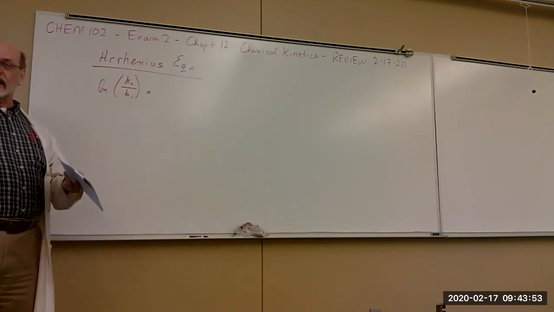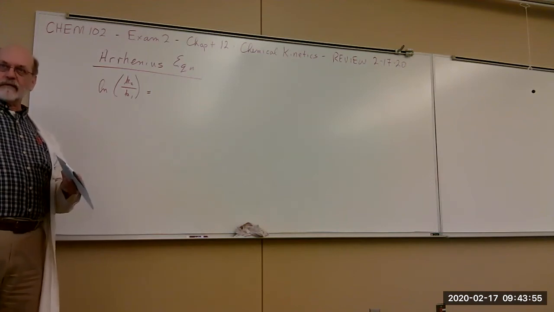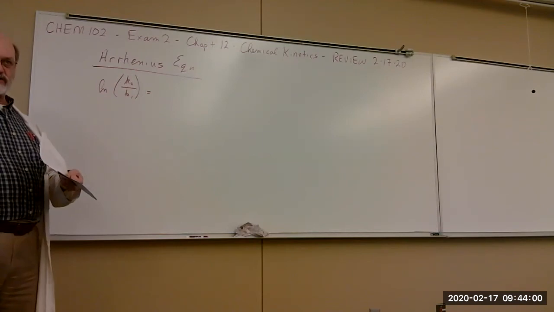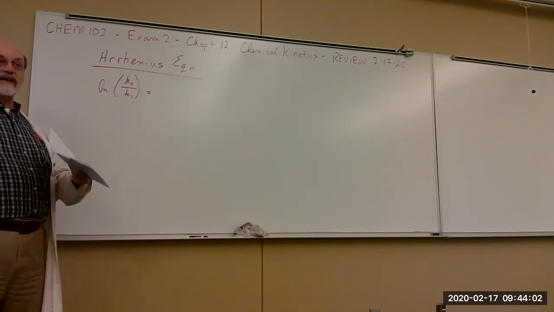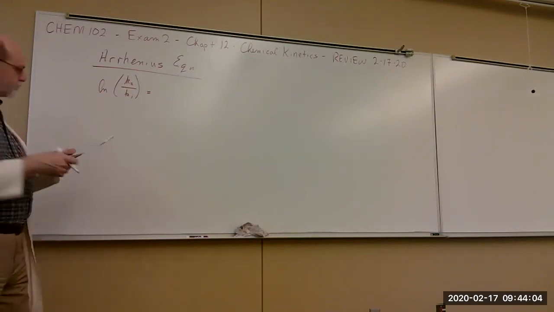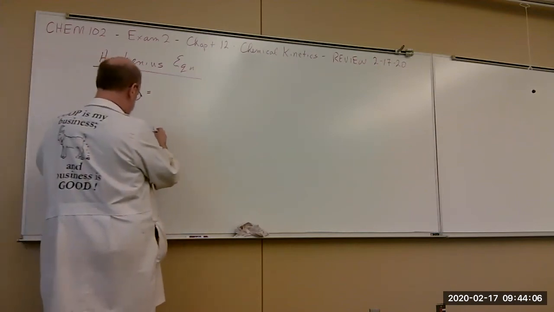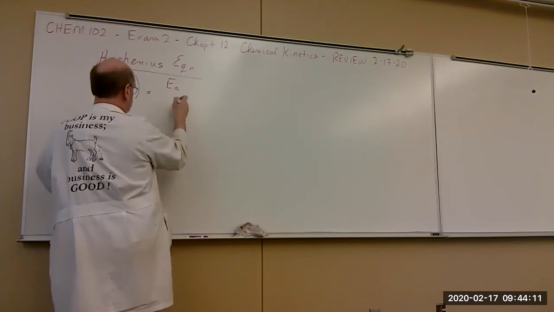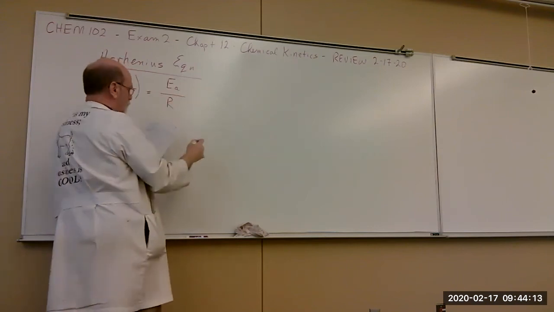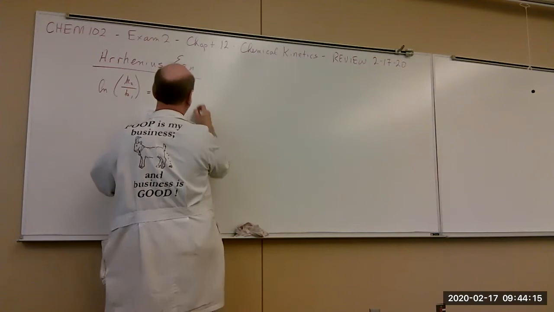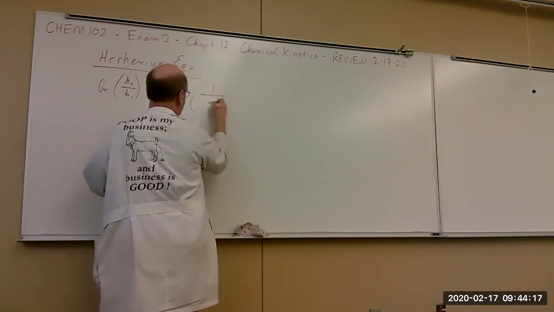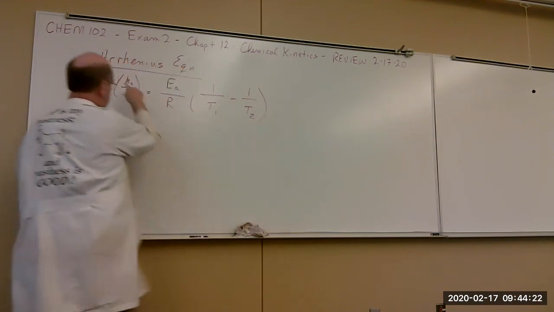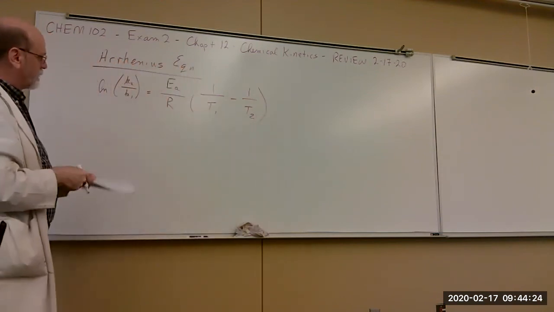If you increase the temperature, you increase the amount of energy available to activate the reaction, and that drives the K to a different value. So this is the integrated version of the Arrhenius equation. It's related to the activation energy and your gas constant, of course, and these are the temperatures at which those reactions take place.